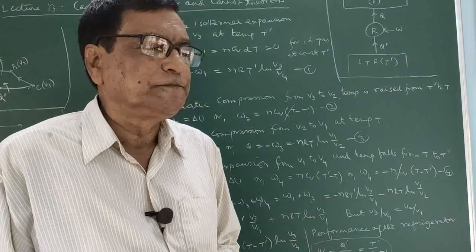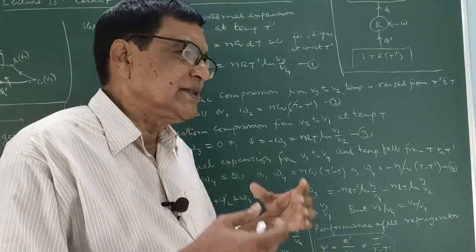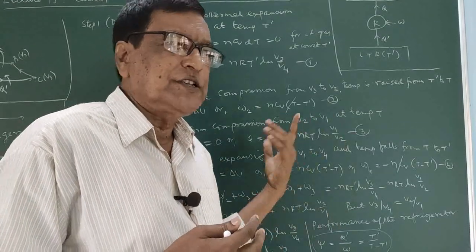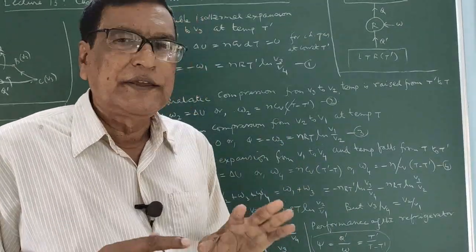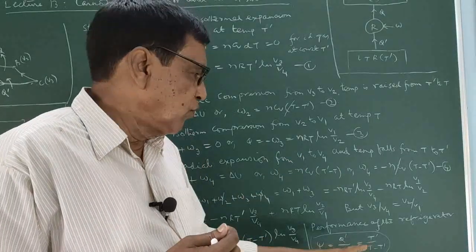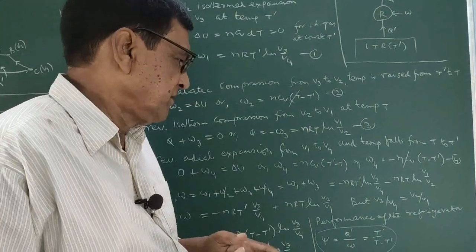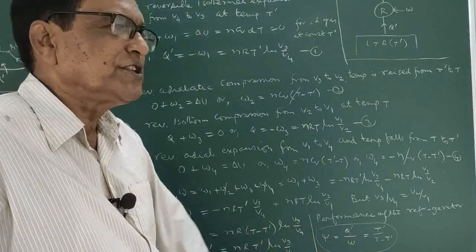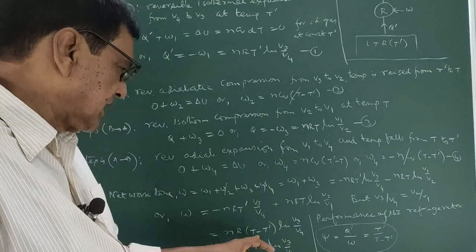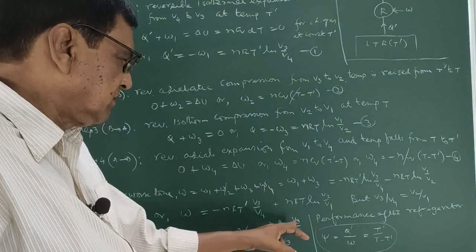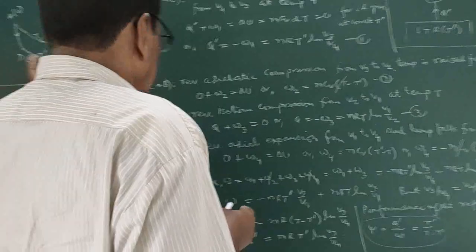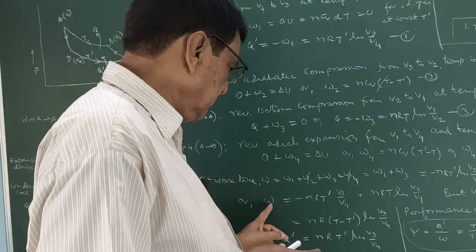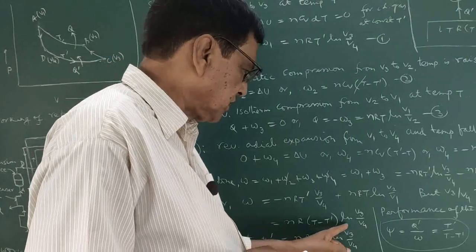It means how much this refrigerator can extract from this LTR by applying 1 unit amount of work. And here W is taken as positive, as V3 is greater than V4, and n is positive, R positive. So this W is totally positive.